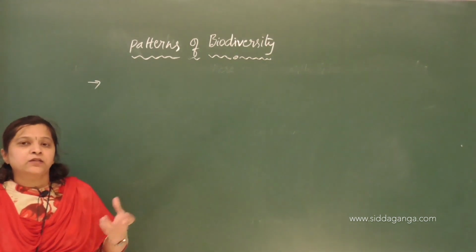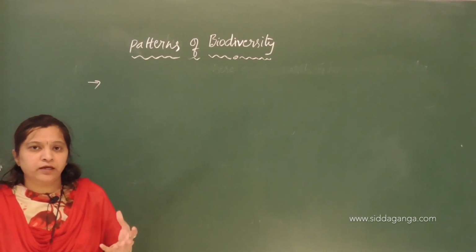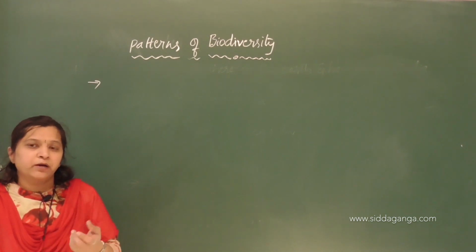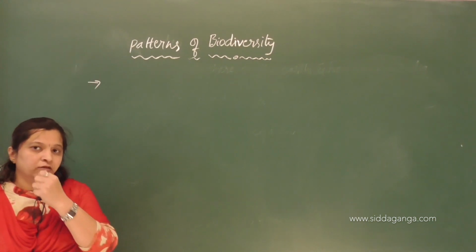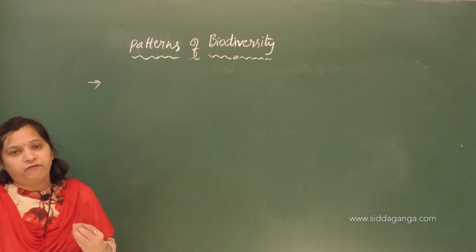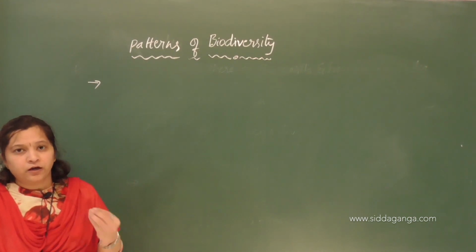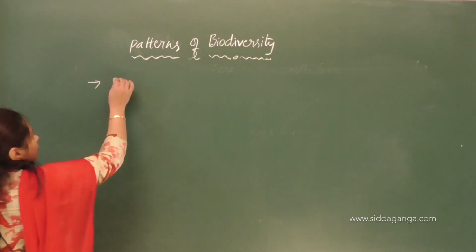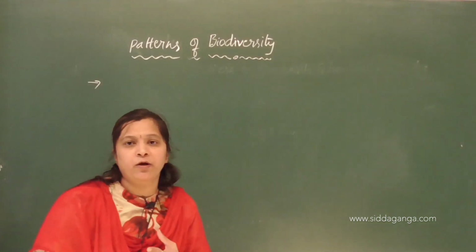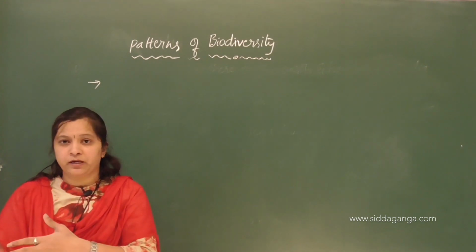So why such variations in biodiversity? Why are there so many species in some areas and fewer species in others? That depends upon so many factors.